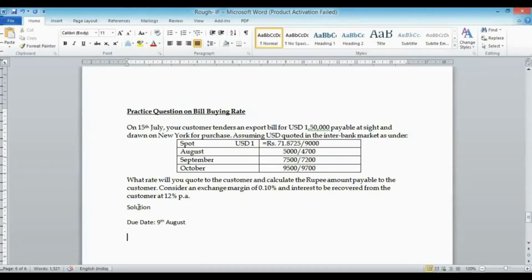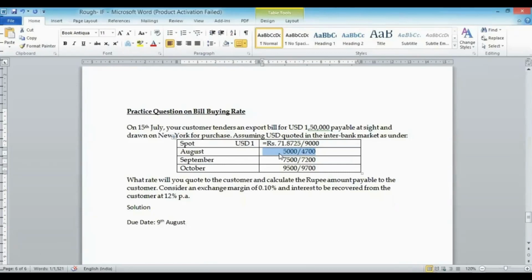So there is a choice between the spot July rate or the August rate, and that will depend upon whether the dollar in the interbank market is at premium or discount. Now see, we are not supposed to consider the spot rate for knowing the premium or discount. We will consider only the forward month, and the forward month says from 5,000 to 4,700.